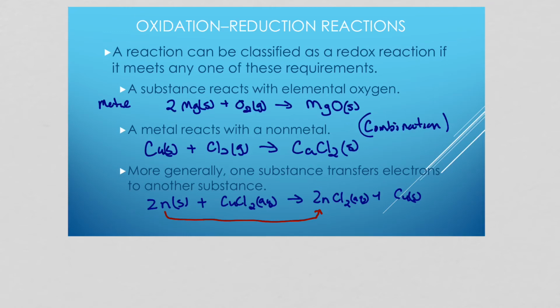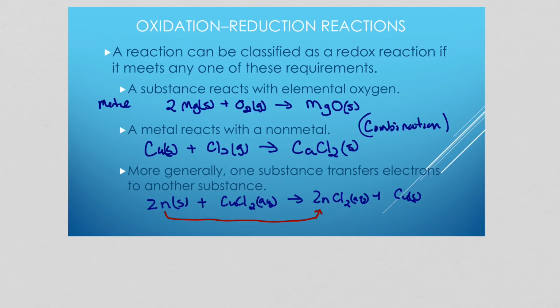So when we see this transition from an elemental metal into metal ions, or metal ions into an elemental metal, we have to have the flow of electrons going on. So when you see a reaction like this, we can classify it as a redox reaction. When we have the formation of ions, that means we're moving electrons around.